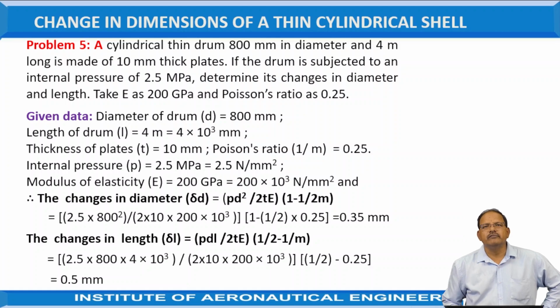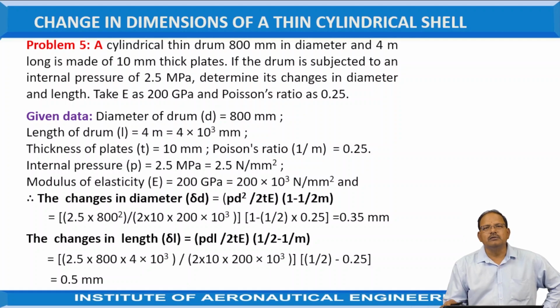Based on this, we are taking one problem. A cylindrical thin drum 800 mm in diameter and 4 meters long is made up of 10 mm thick plates. If the drum is subjected to an internal pressure of 2.5 megapascal, determine its change in diameter and length.